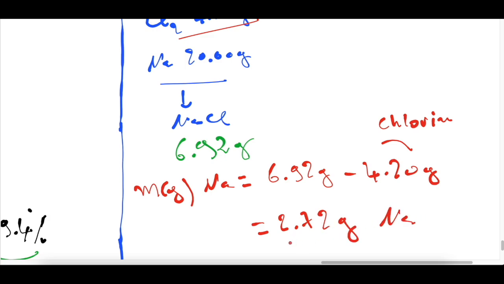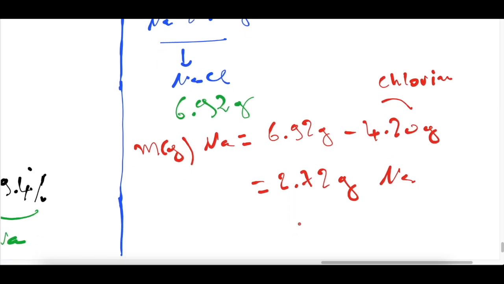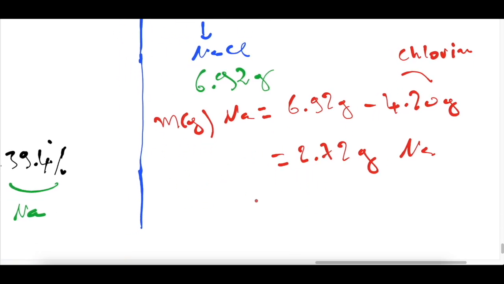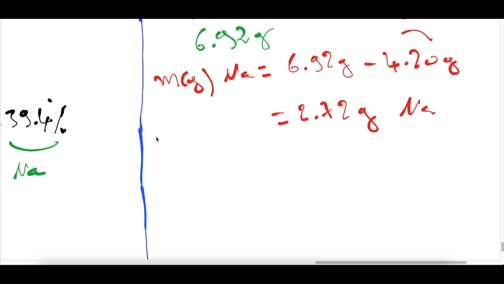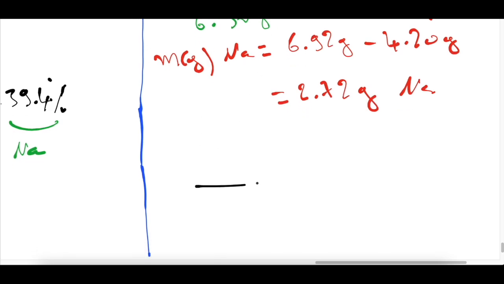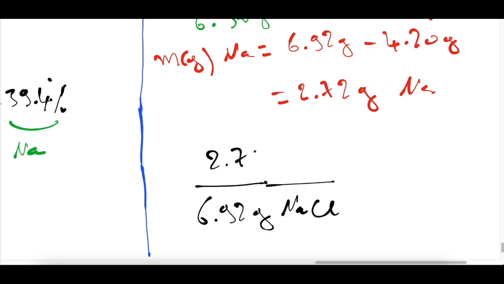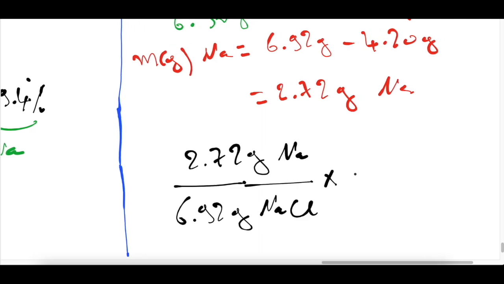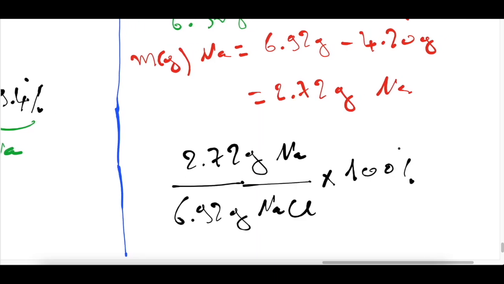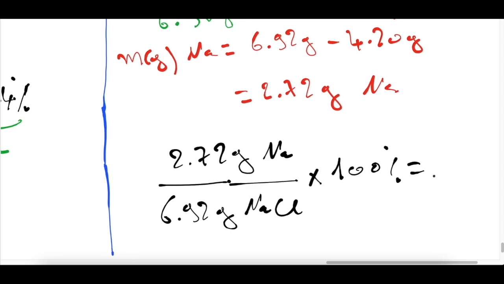Here we used three significant figures. So from this equation, we can see that for every 6.92 grams of sodium chloride product, we have 2.72 grams of sodium, and we'll calculate the percent of sodium in this second product.